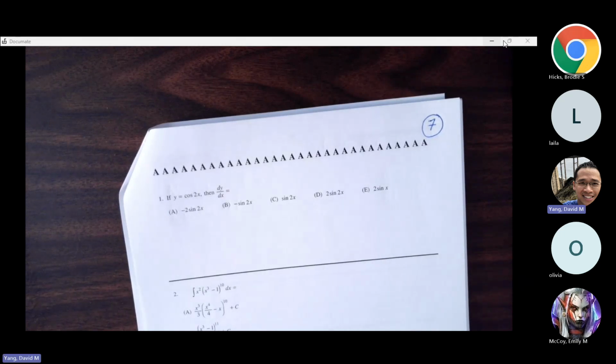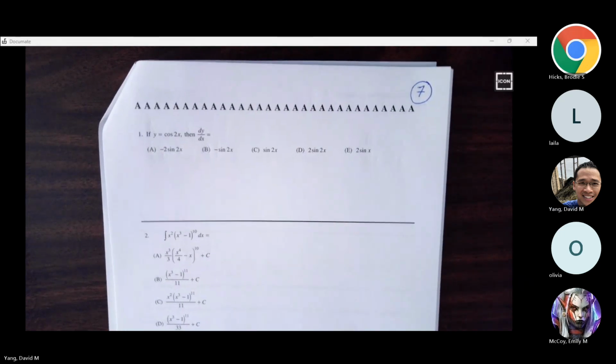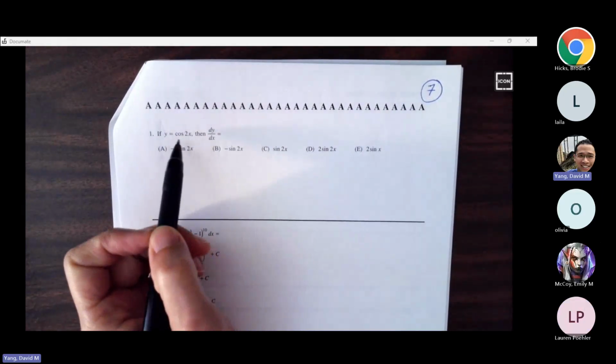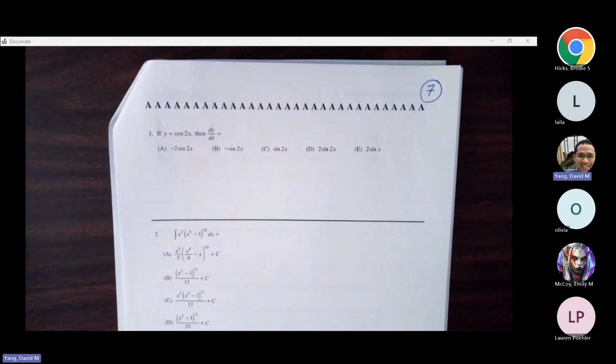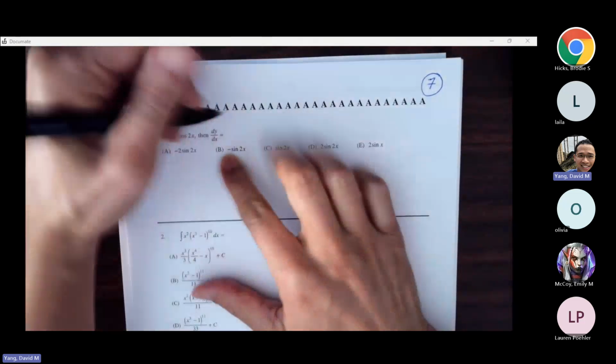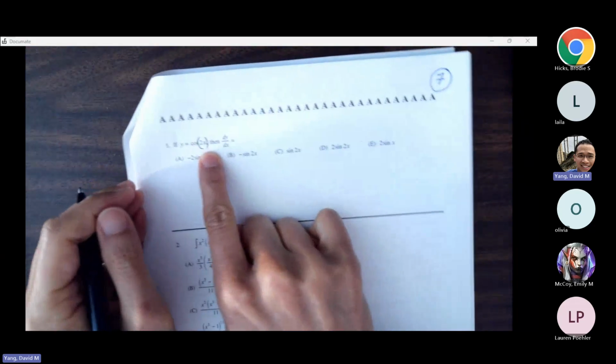All right, so starting with number 1. If y equals cosine 2x, then dy/dx equals. So we have a rule for cosine. Cosine's derivative is negative sine of u times u prime. But we have to remind ourselves, okay, there's chain rule that is going to be involved here.